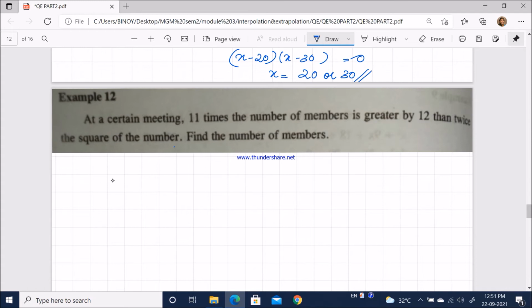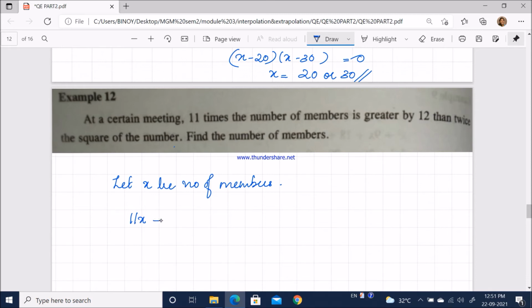So, let x be the number of members. If that is the case, 11 times the number of members means it is 11x. 11x is greater by 12 than twice the square of the number.